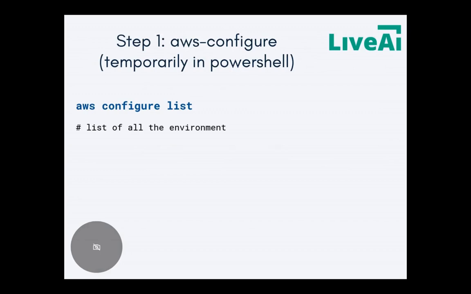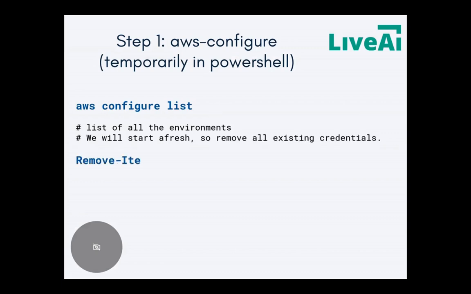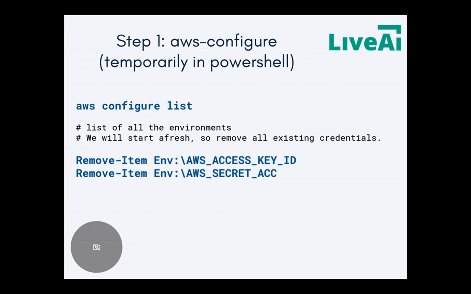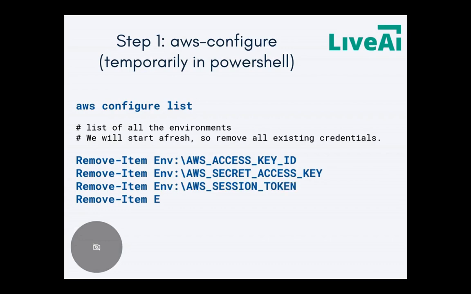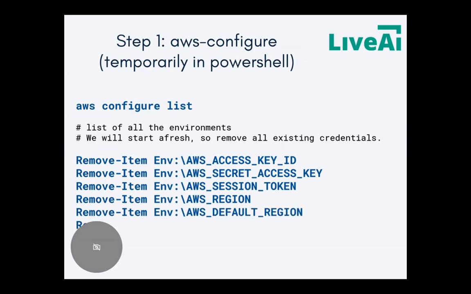If you check the AWS configure list, you might have an old existing credential. It's a good way to always clean it up, especially if you have worked on your AWS configuration for a different project, and your access keys or access ID or session tokens were different. It keeps it in your bashrc and all those things, so it's just good to remove all those credentials.